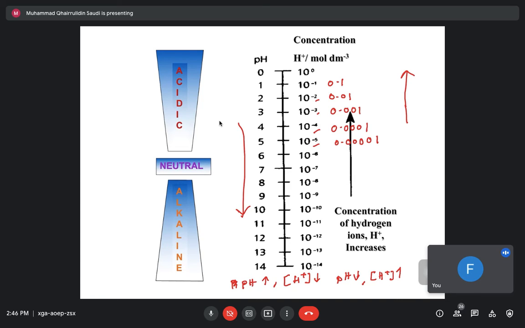Kalau pH value decrease ataupun ke atas, concentration of hydrogen ion semakin increase dan concentration of hydroxide ion decrease. Ni dia punya relationship between tiga tu.